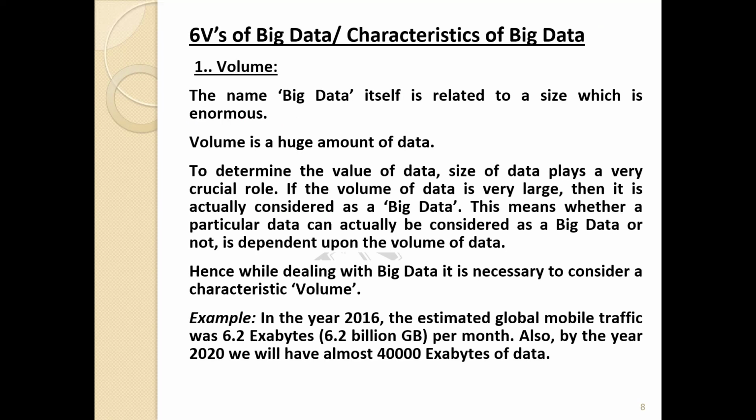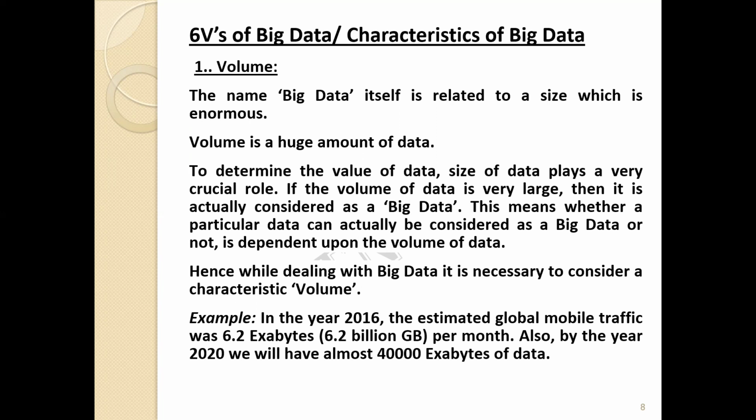Characteristics of big data, or we can say the 6 V's of big data. First one is volume. As the name suggests itself, big data is nothing but a large amount of data, a huge amount of data. So it depends upon the volume of data.